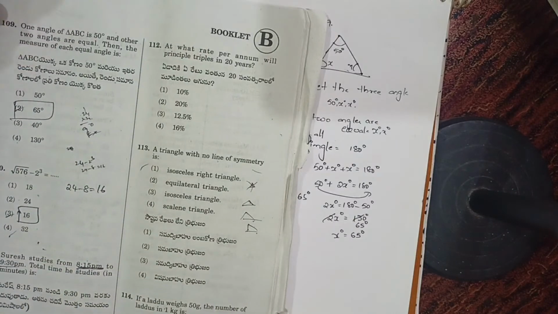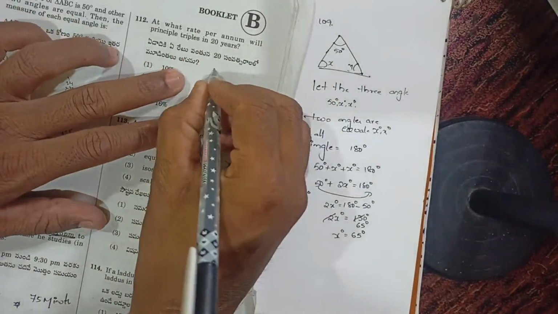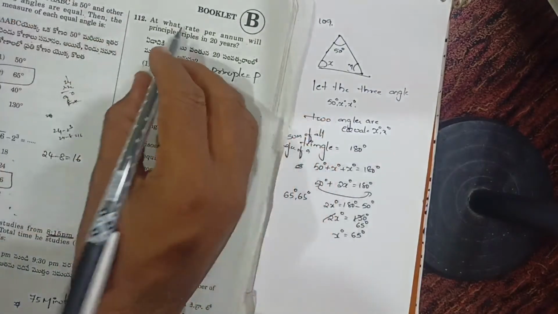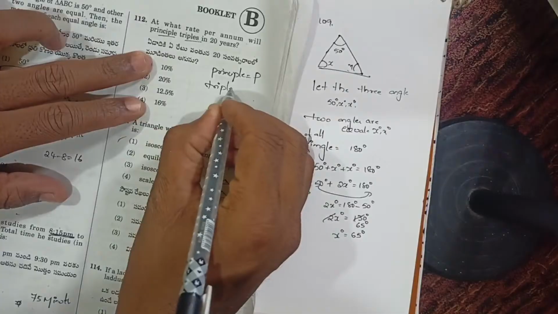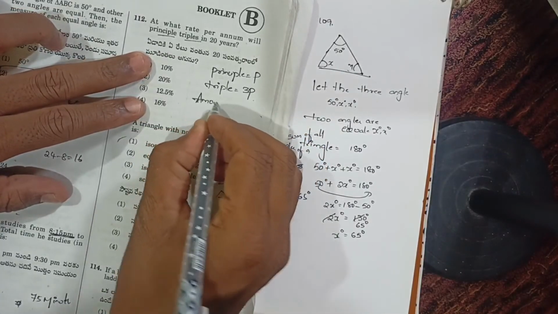We don't know the principal amount, so first we write the principal amount as P. Principal triples means it becomes 3P. Then the amount is 3P.